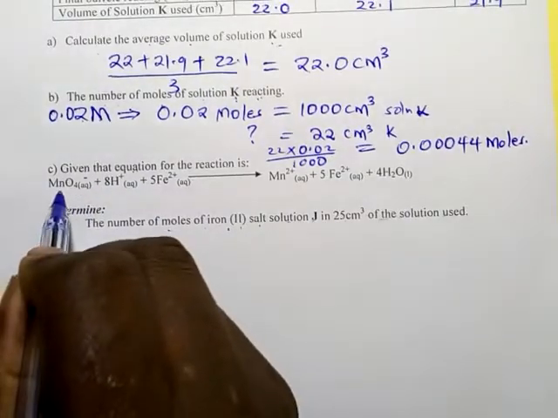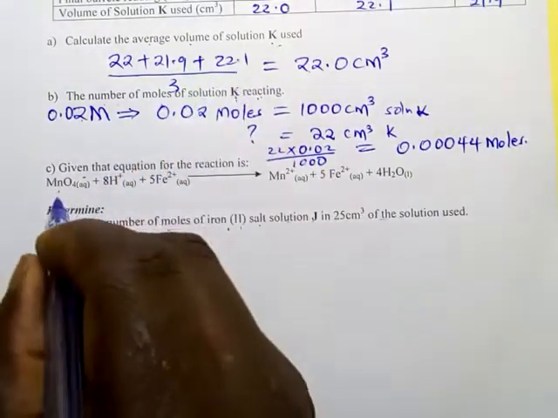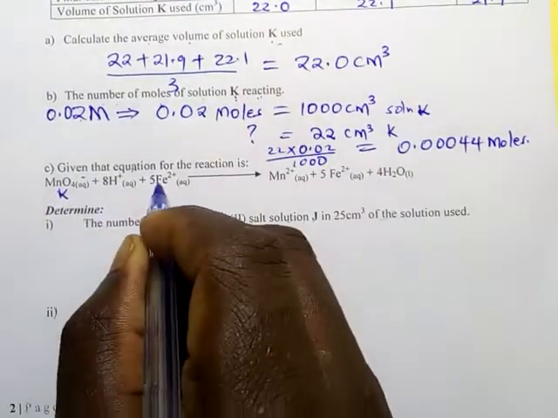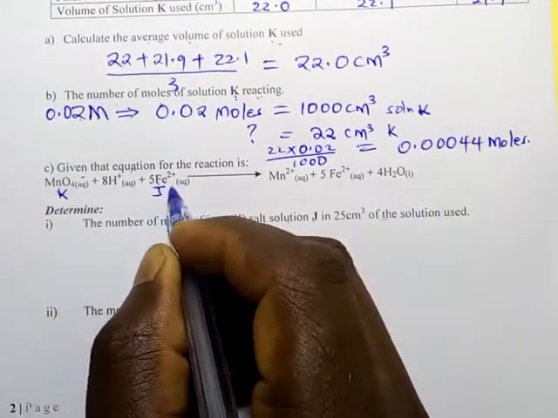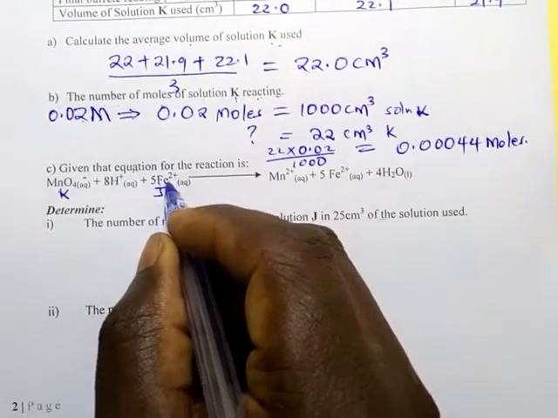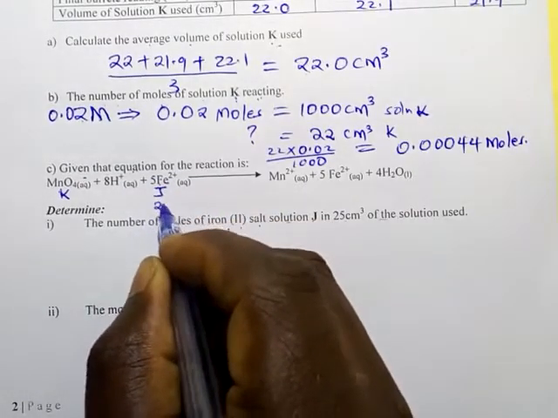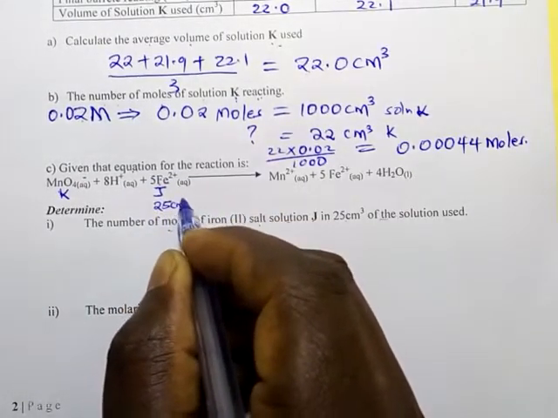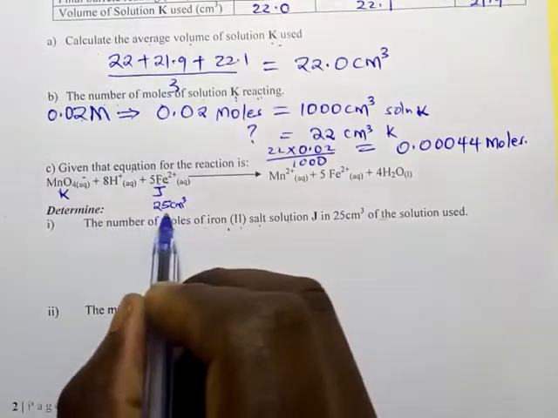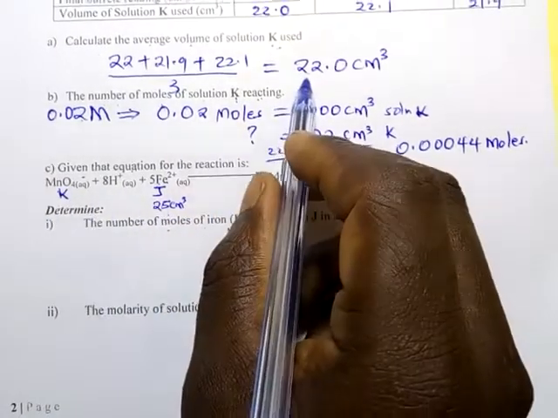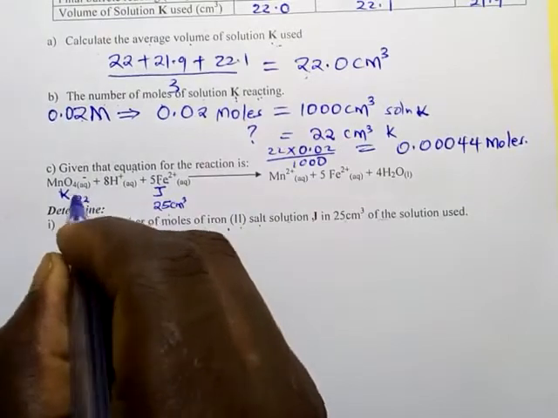The permanganate is what we call solution K, the iron is solution J. What is the volume of the iron used? We took 25 cm³ because we pipetted 25 cm³. 25 cm³ reacted with 22 cm³ of K.